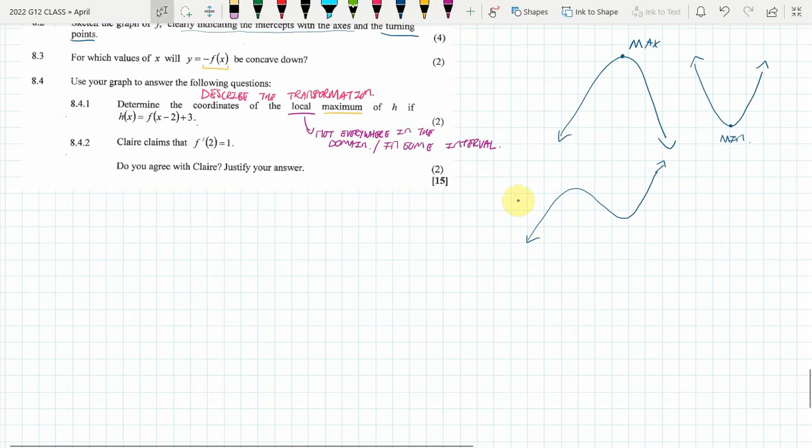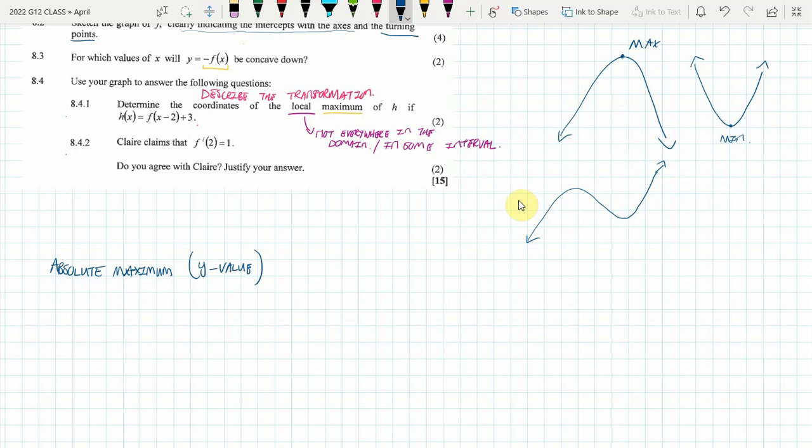I want to stop being shy to use formal maths words with you. So now, absolute maximum. Absolute maximum is a y value. Keep that in mind.